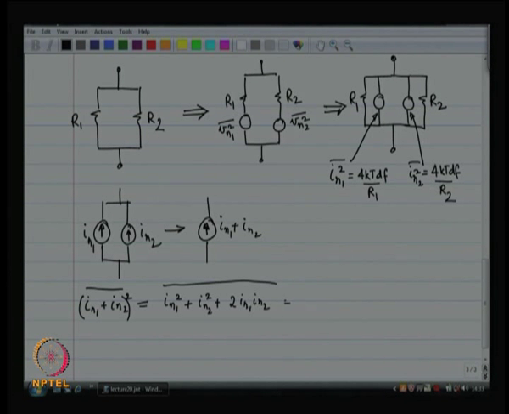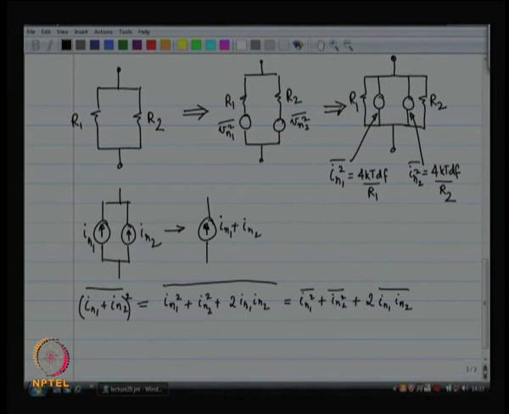Combined mean of everything, which is equal to the mean of In1 squared plus the mean of In2 squared plus twice the mean of In1 In2. Now, the first term, In1 squared, we know what it is. Second term, In2 squared, we know what it is.